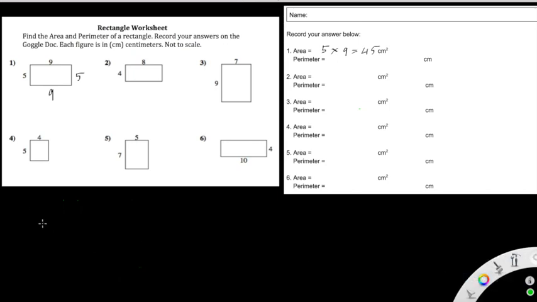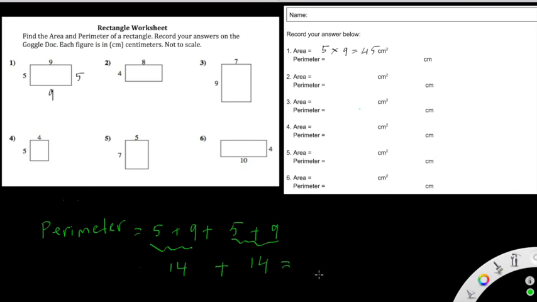The perimeter equals this side 5 plus this side 9 plus this side 5 plus this side 9. I know that 5 plus 9 equals 14, and then 5 plus 9 equals 14. So I add these up. 14 plus 14 equals 28.